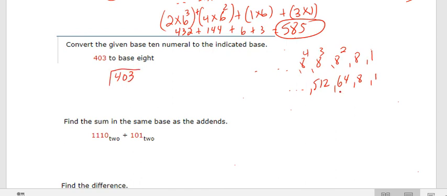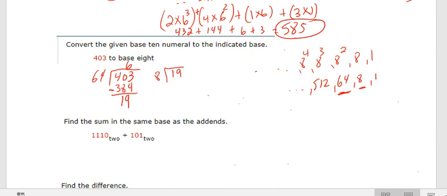So we take our number 403 and we're going to divide by the first number that will go into it, which is 64. So 403 divided by 64 goes in 6 times, and 64 times 6 is 384. So if we subtract 403 minus 384, we end up with 19. Now we take the 19 and divide by the next place value, which is 8.